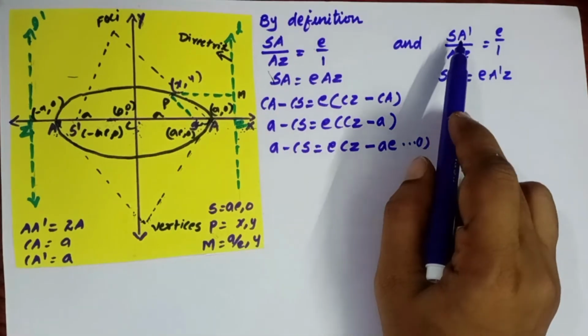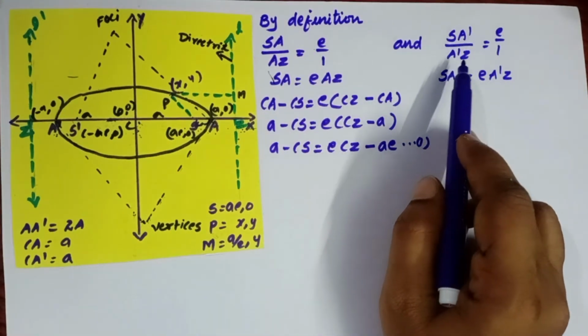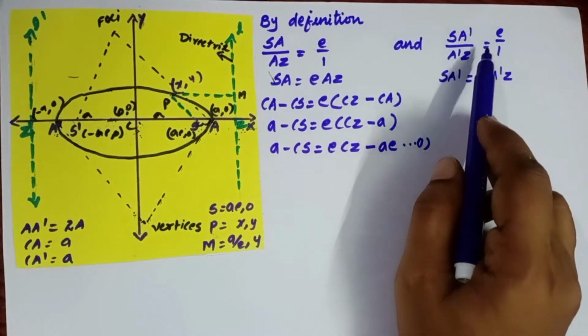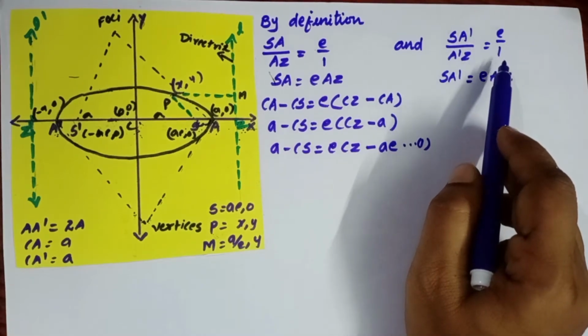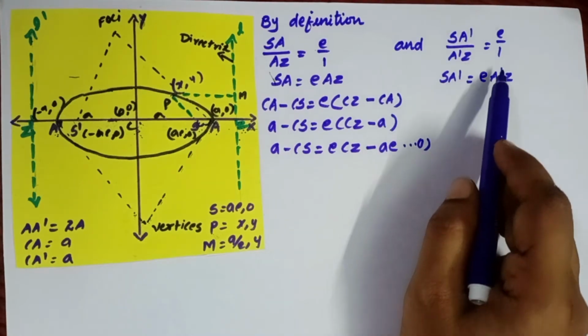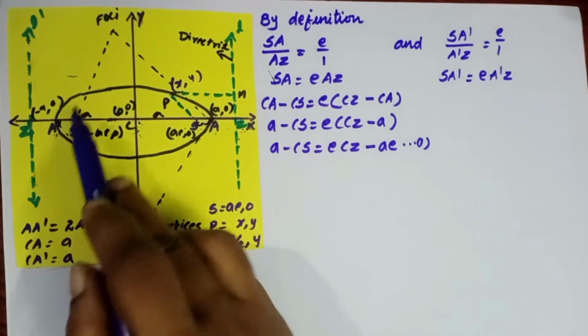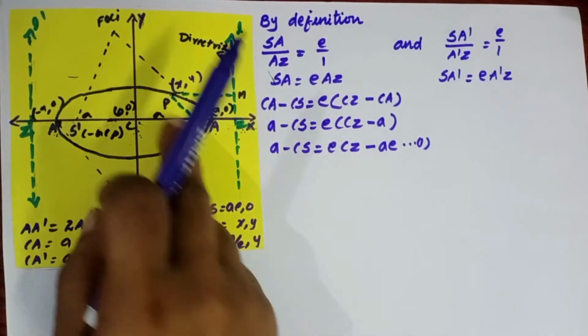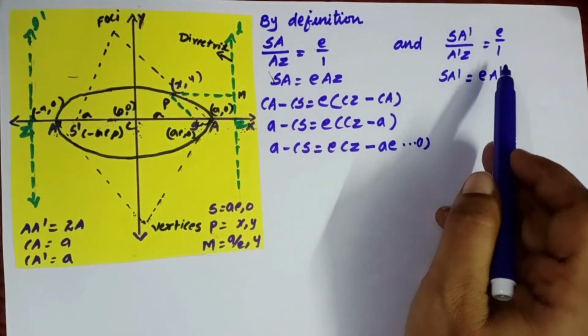Now similarly, SA dash by A dash Z equal to E by 1. That is, it divides externally in the ratio E by 1. On cross multiplying, SA dash equal to E into A dash Z. So see the diagram. This A dash divides SZ externally in the ratio E by 1.